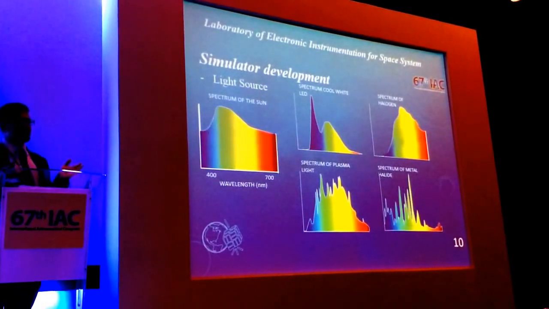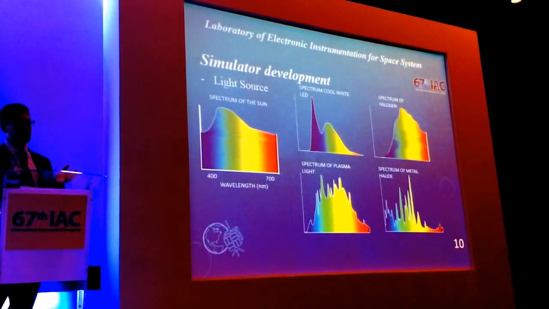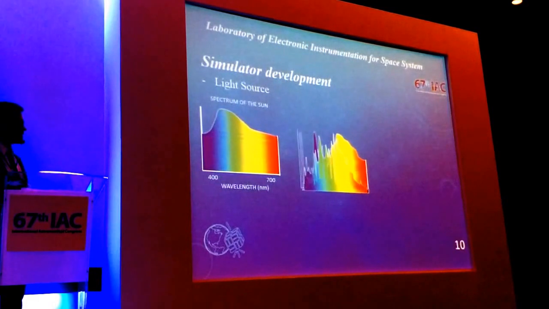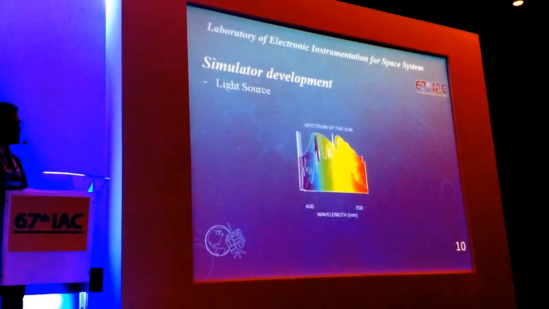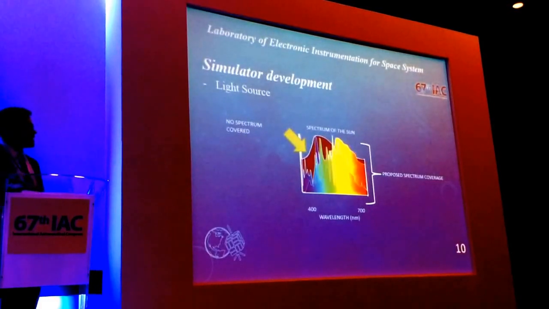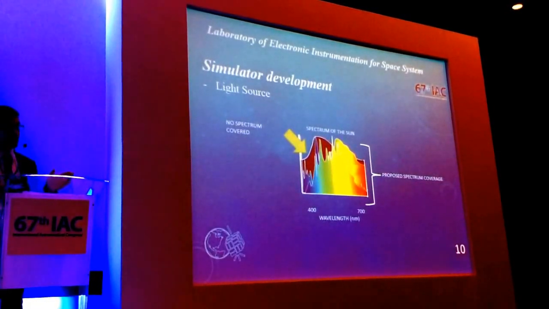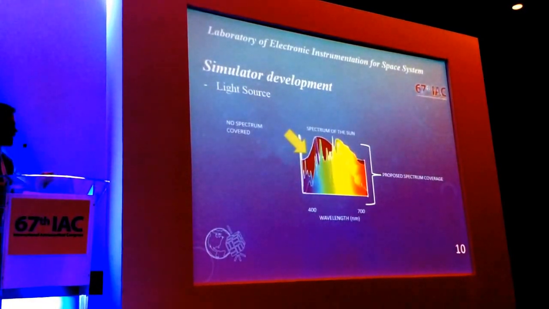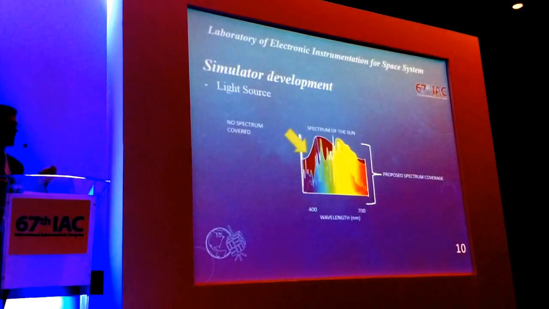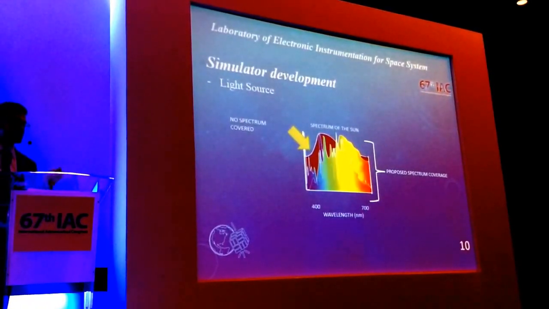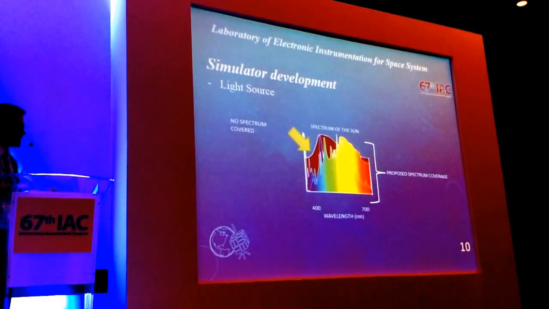And when we put together all these lamps, we have an end result of a spectrum. You can see here, the end spectrum is the sum of all the spectra that the lamps emit. This spectrum is not enough to cover the whole solar spectrum. You can see here that we have some areas where the lamps do not cover enough, given the actual technologies that we have in the market.